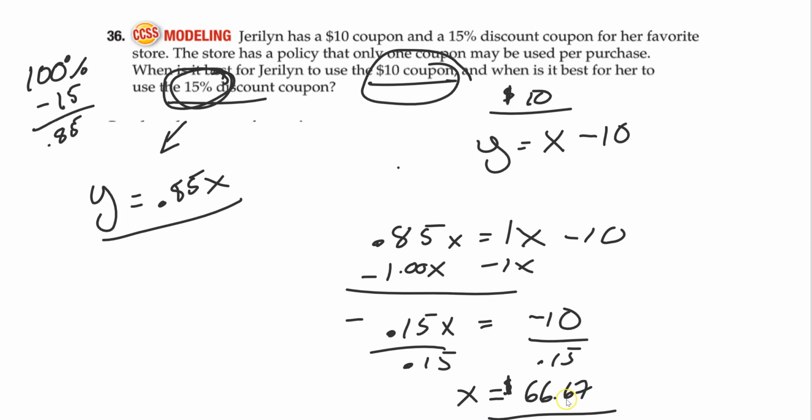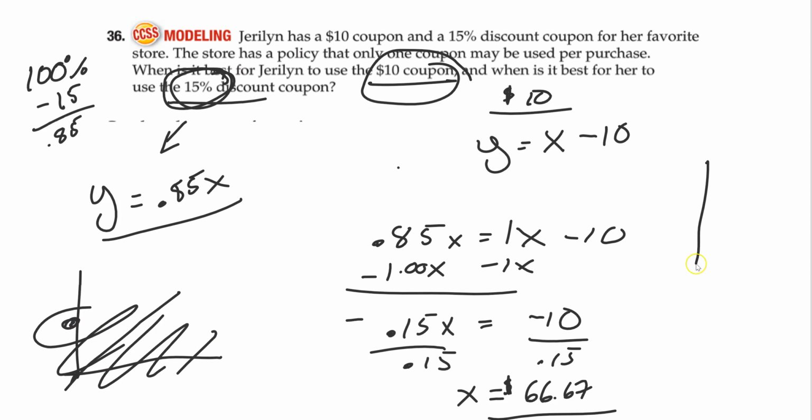So that's when they're both the same, right? It doesn't matter which one you use when the dress costs about $67. When's the best to use each one? Well, draw a quick picture. That graph looks like this, and this graph looks like this. So right here they're the same.